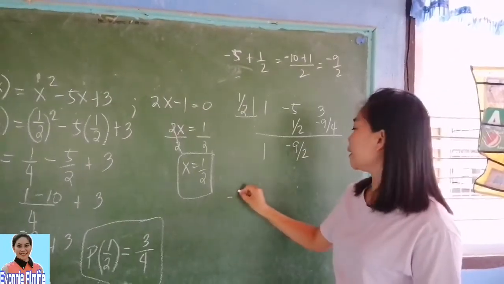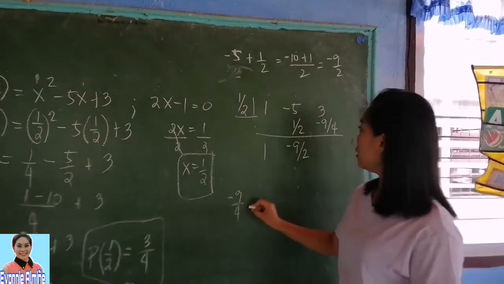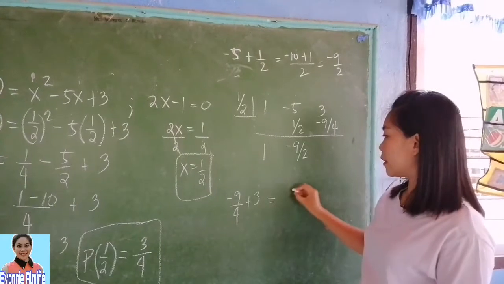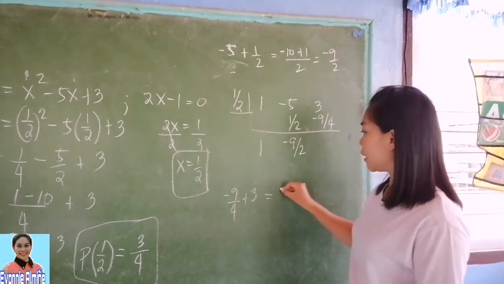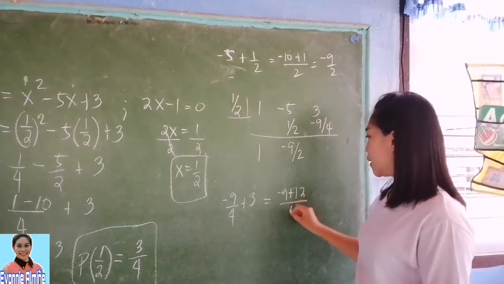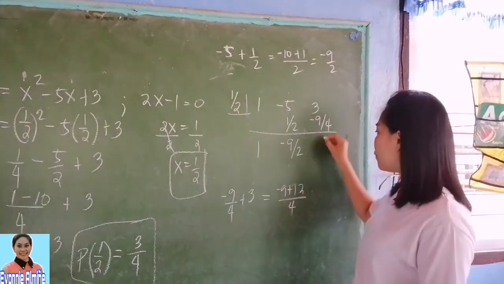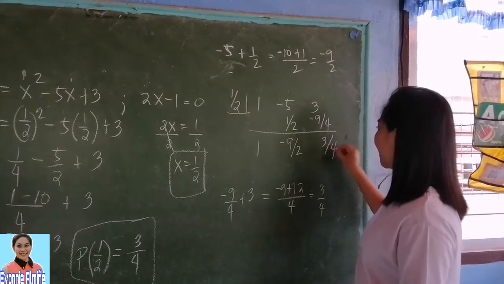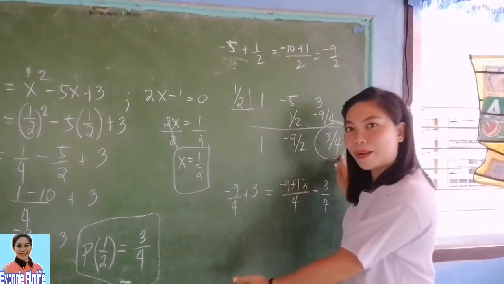Then, what will happen? Negative 9 over 4 plus 3. So, 4 times 3, you have 12, then negative 9 over 4. Then you have 3/4. Then same yung sagot na nakuha po natin.